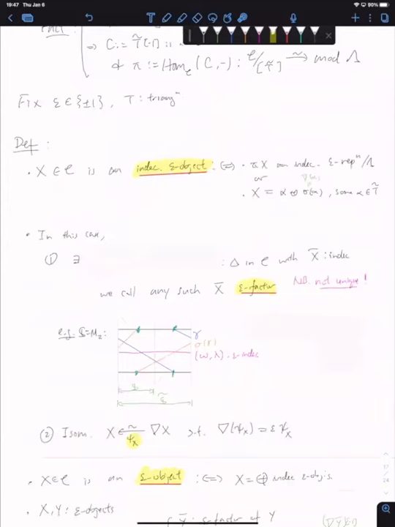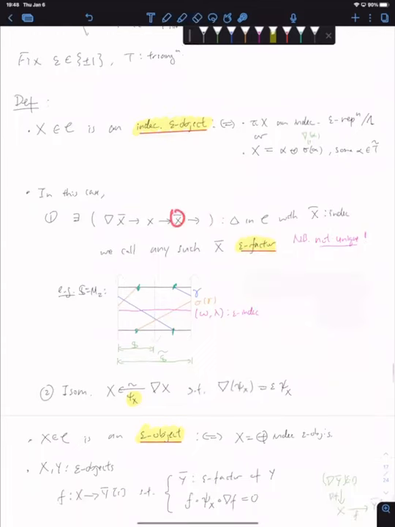In this case, I will have a canonical triangle, not non-canonical choices of triangles, in the cluster category, so that your indecomposable epsilon object can be written as an extension of two things which are dual to each other. And I will call this particular one, this is important, not the latter one, the epsilon factor. The word factor hints at it being kind of like a quotient of it.